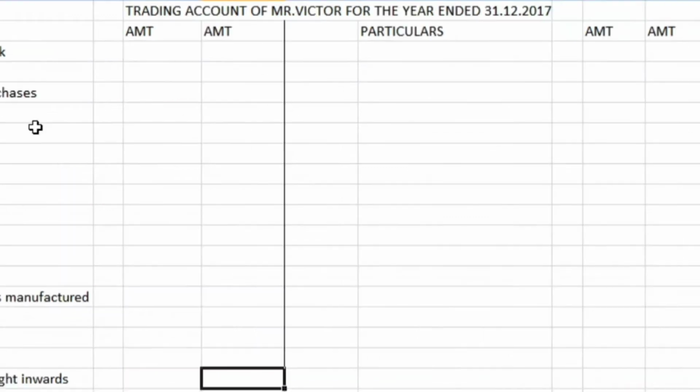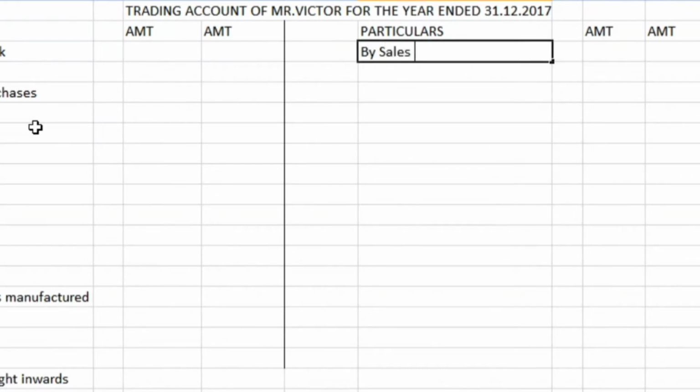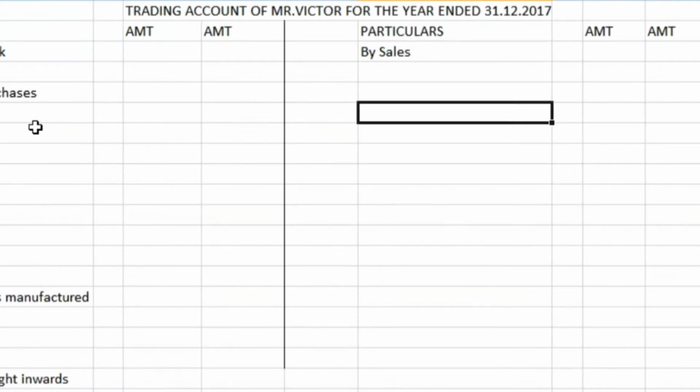So all the 9 items this side over. Now on the credit side is just the 2 items, that is by sales. And in this sum we know closing stock is not going to come because they have given you adjusted purchases. So you need not write closing stock at all.